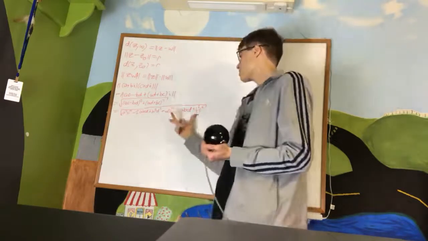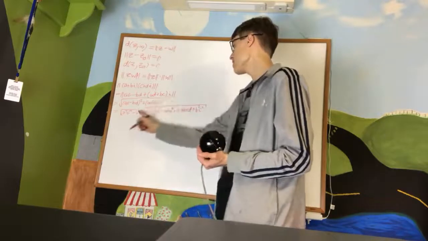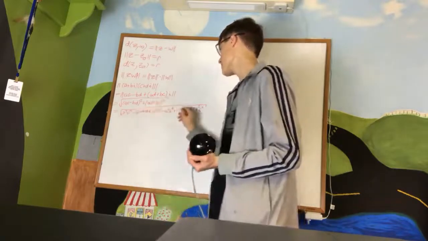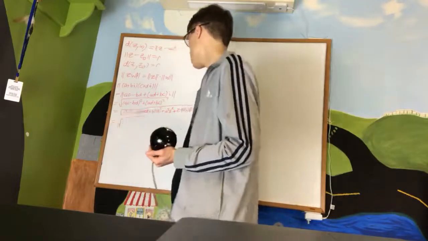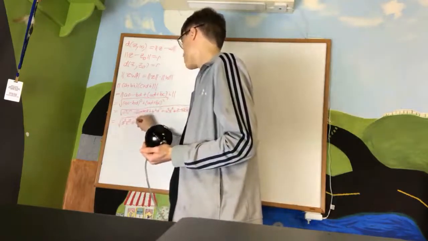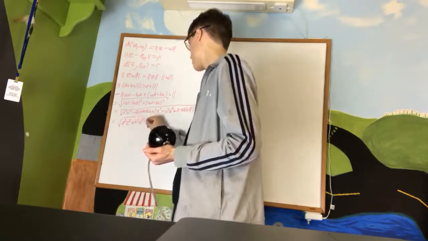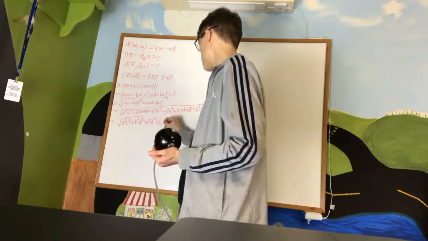Now that right there is just simple foiling of that. Now 2ABCD minus 2ABCD cancel each other out. What do we get? We have the square root of A squared C squared plus B squared D squared plus A squared D squared plus B squared C squared.